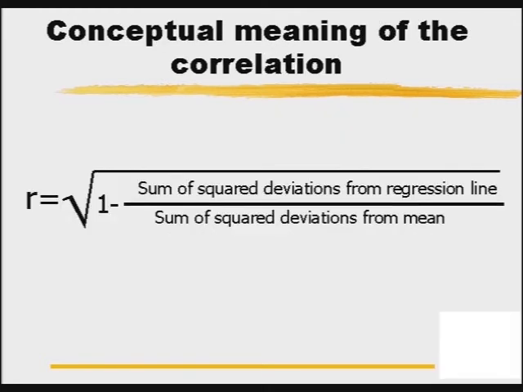Let's look at the conceptual meaning again of the correlation. Well, it is again 1 minus the sum of the squared deviations from the regression line divided by the sum of the squared deviations total. So what that means is if there is no deviation, you have a perfect correlation, and then the variable explains all of the variation.